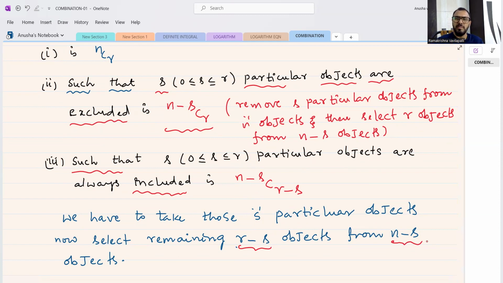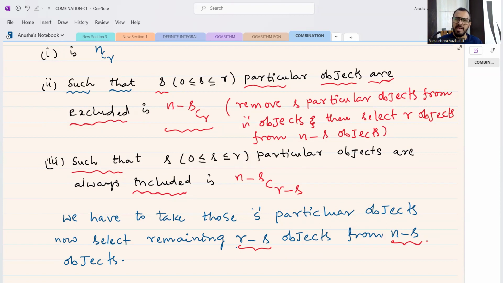For example, there are 5 batsmen. We want to select 3 batsmen. But among those 5 candidates, one is the recommended candidate. So you have to take that recommended candidate and then select 2 more batsmen from the remaining 4 batsmen.